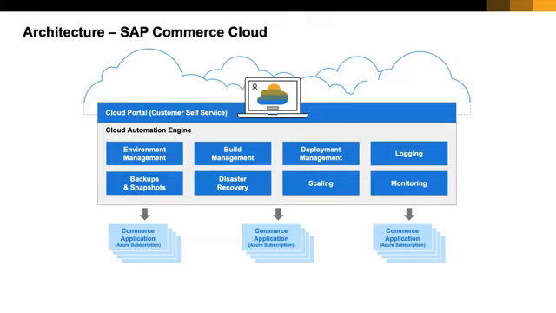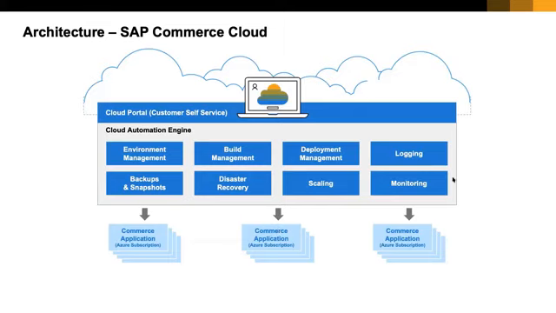These features are introduced on a monthly basis, and once introduced, they are available to all customers. But this blue box is a single-tenant application, so you don't share anything with anyone. Your version here is your own. If you are on 6.7 here, you are not affected by the monthly upgrades of the Cloud Automation Engine. You can upgrade your platform whenever you want.